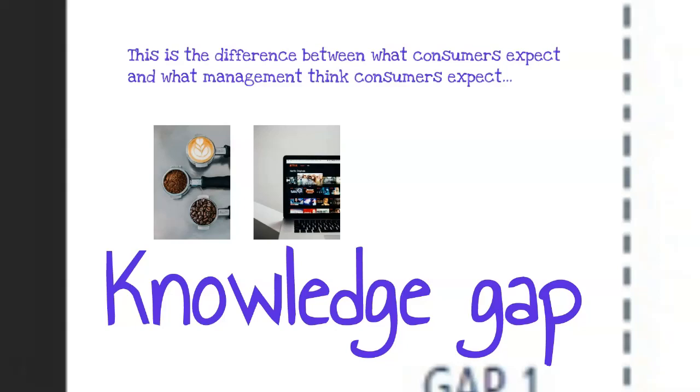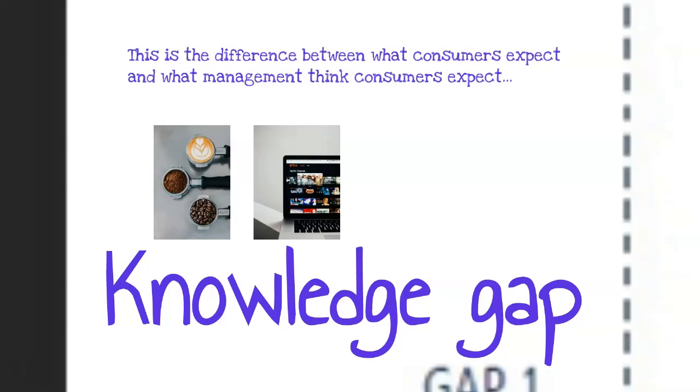But because this is roasted beans of a higher quality, then it will be a bit more expensive. So the management of this beans think to advertise it as affordable is exactly what consumers expect, and then it ends up not being affordable.